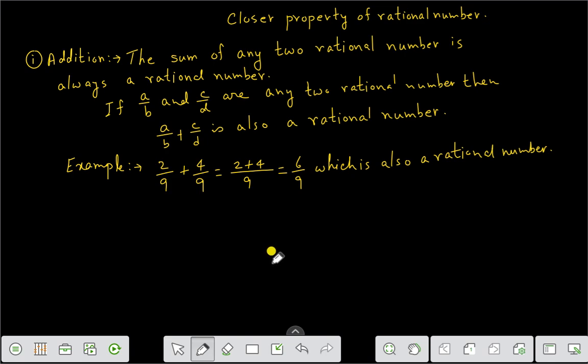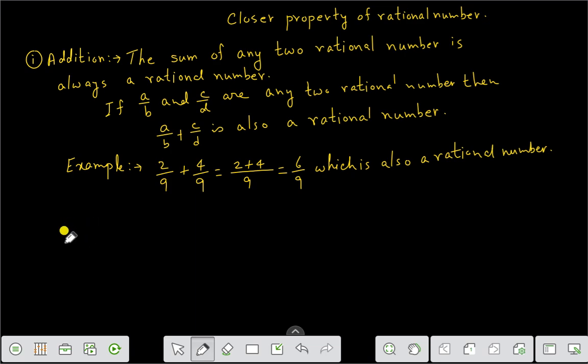Therefore, you can say that rational numbers are closed under addition. This is the closure property.